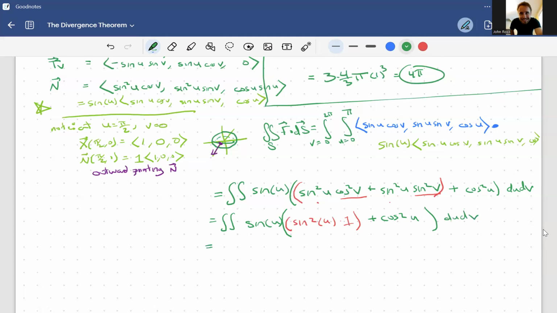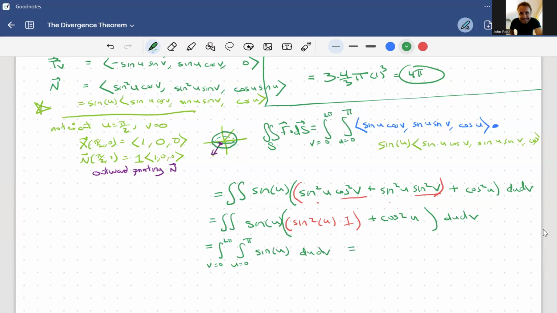The sine squared u plus cosine squared of u is also just going to equal 1. And so we are now ready to integrate as v goes from 0 to 2 pi, and as u goes from 0 to pi, the function sine of u times 1 du dv.